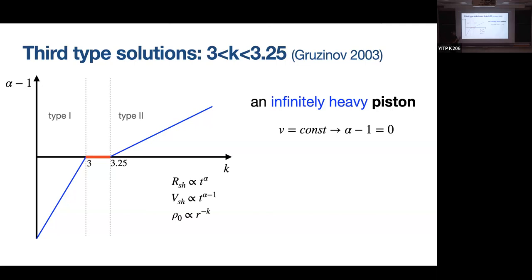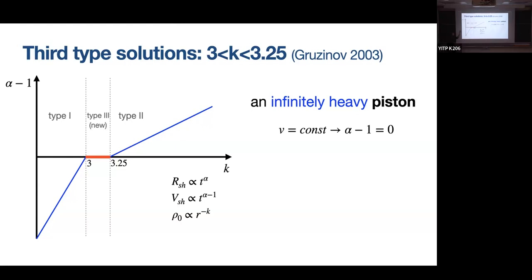And since this piston is infinitely heavy and also causally connected to the shock, it means that the piston cannot be slowed down and cannot be accelerated, because it's infinitely heavy and it's the source of energy in the problem. And what this implies is that if the piston moves at a constant velocity, the shock must also move at a constant velocity. And this explains this very trivial solution in the gap region.